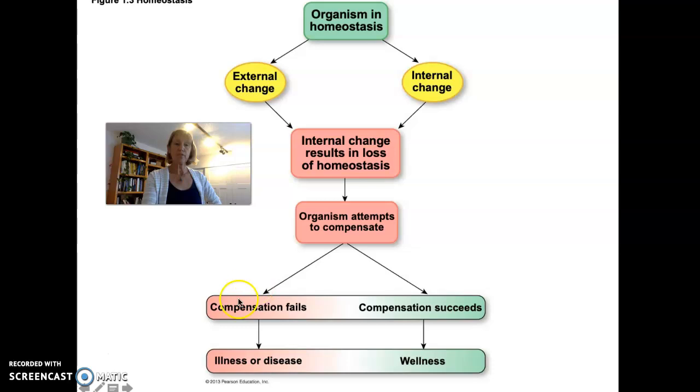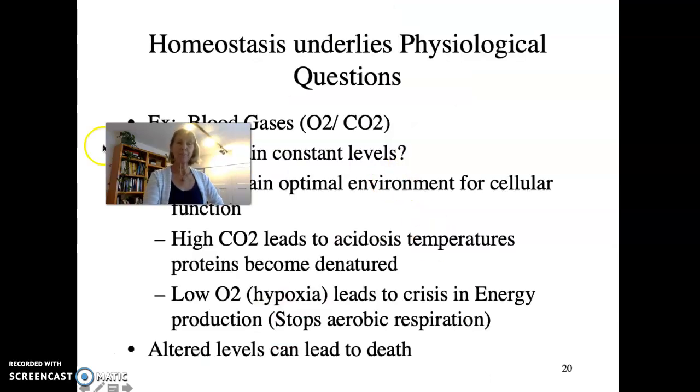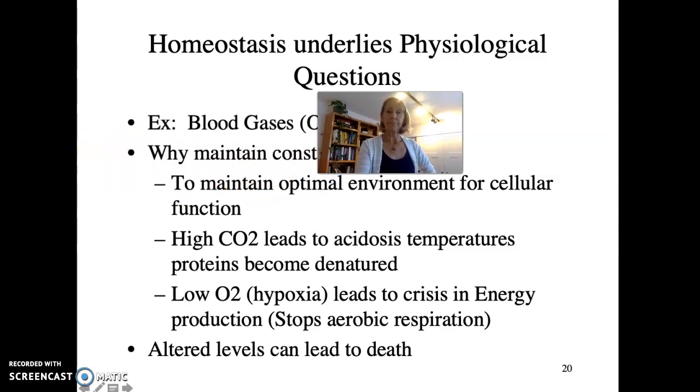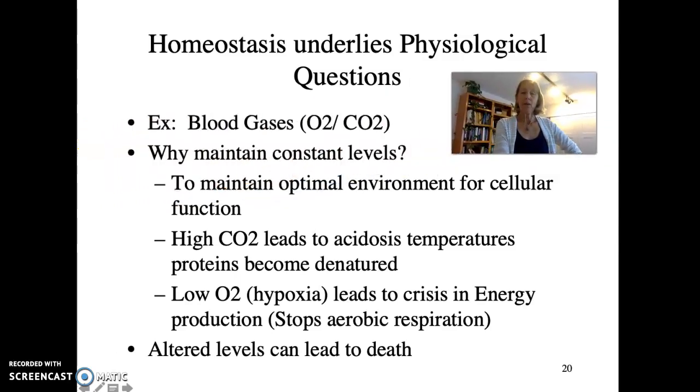If the compensation fails, then you are sick, you're ill, you have disease. If the compensation succeeds, you have wellness. And usually the compensation succeeds, right? So that's the balance that you have to achieve. So why maintain these constant levels? That's one of the questions. We said that cellular function is going to work under those conditions.